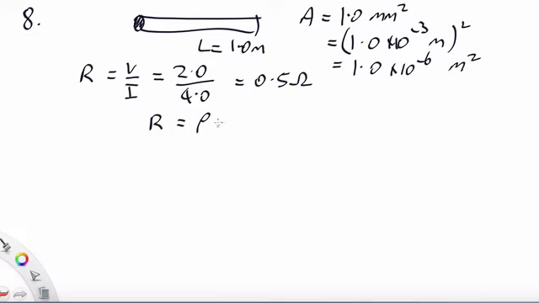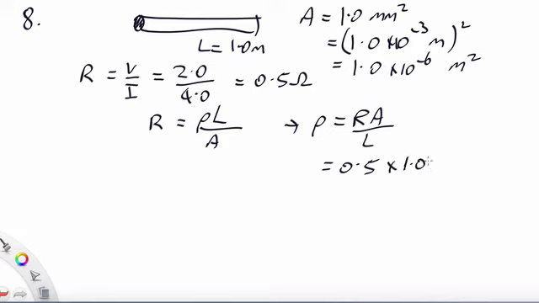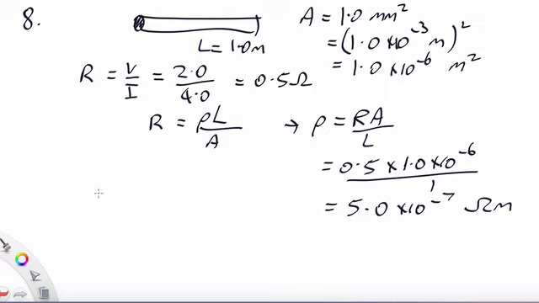And the other thing we know is that the resistance is rho times L over A. So that means rho, if we make that the subject, we times both sides by A, divide both sides by L. So now resistance is 0.5, area is 1 by 10 to the minus 6. And we have then a resistivity of 5 by 10 to the minus 7 ohm meters.